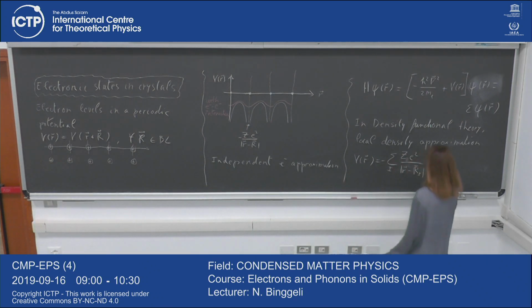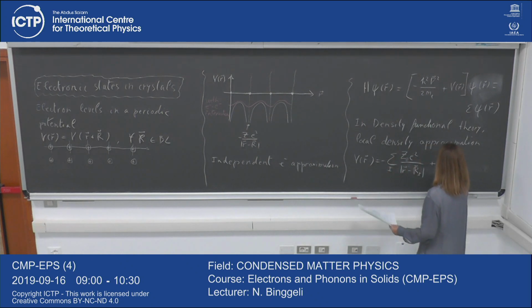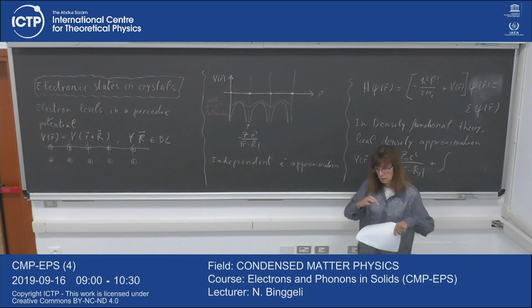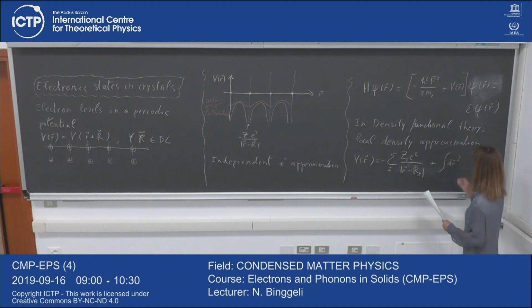And then the part related to the electrons will be just the electrostatic potential generated by the charge density of my electrons. So I integrate over R prime e squared times this charge density of the electron, rho of R prime, divided by R minus R prime.